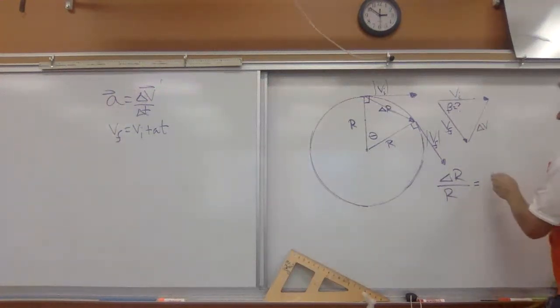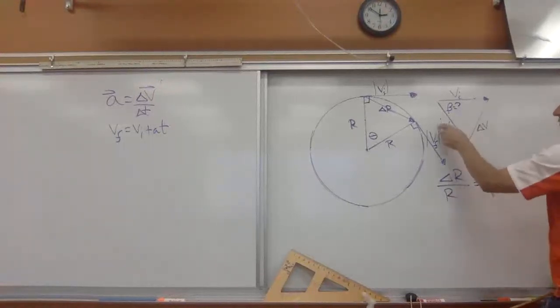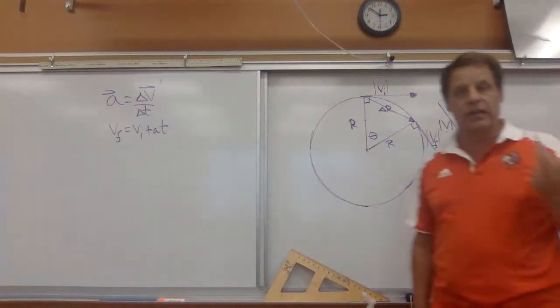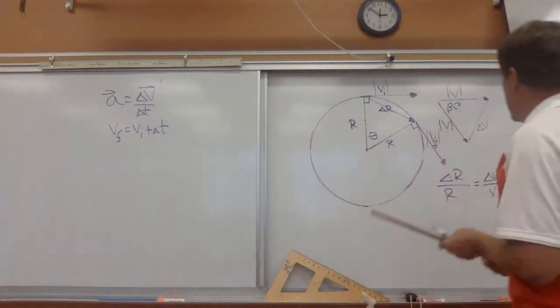And so what we're trying to get here is delta v over v. Again, these two are the same from an absolute value point of view because they're going at a constant speed.